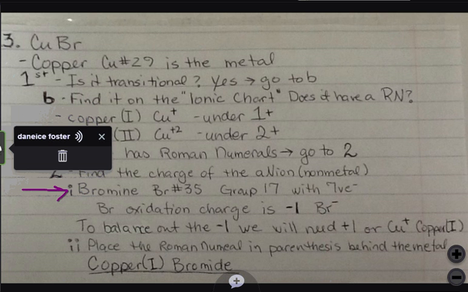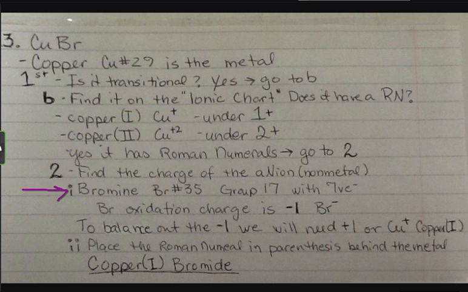So bromine is number 35 in group 17. It had 7 valence electrons. So we know the oxidation or the ionic charge is -1. Now, you might want to go in on your small periodic tables and write down all those oxidation states so you can see those very easily. So we have bromine is -1.